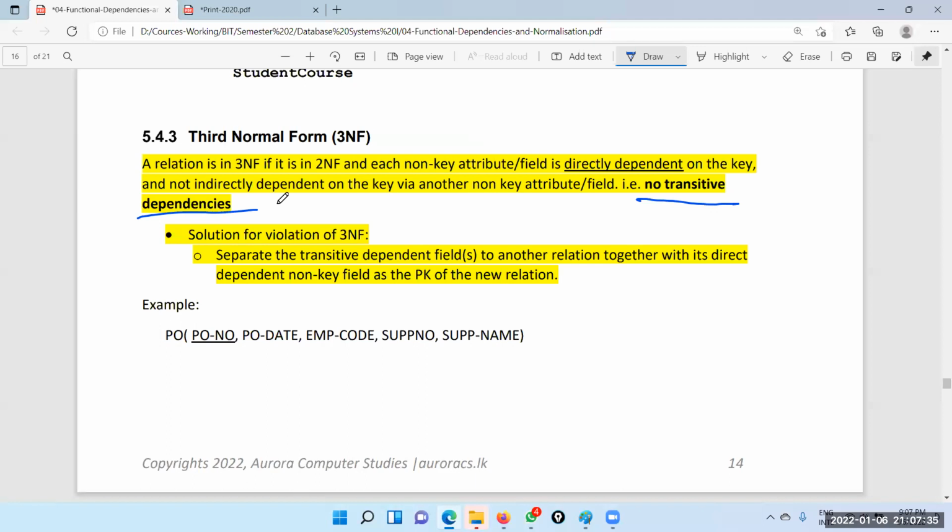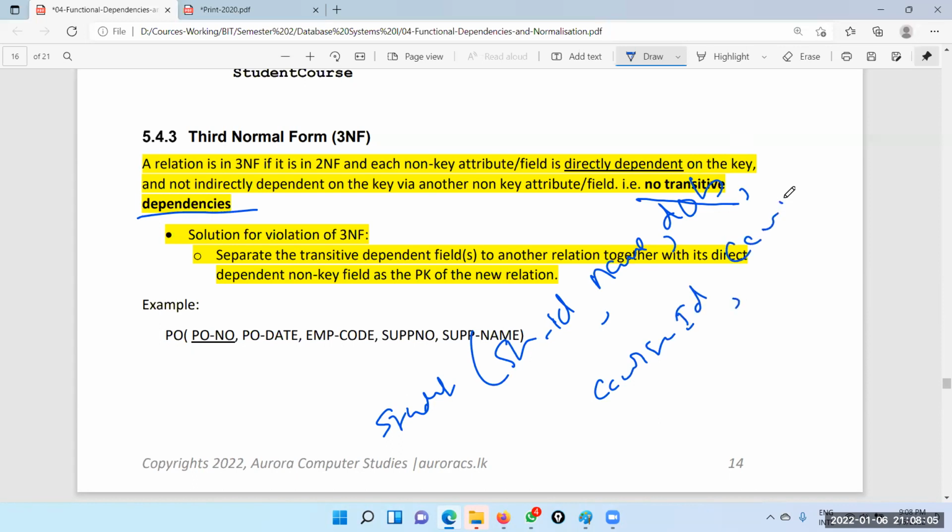Right. So let's take an example. Say I will take a much smaller, simpler one. Say I have a student table. So I have student ID, student name, date of birth, course ID, and course name. Now, what is the primary key? Student ID.